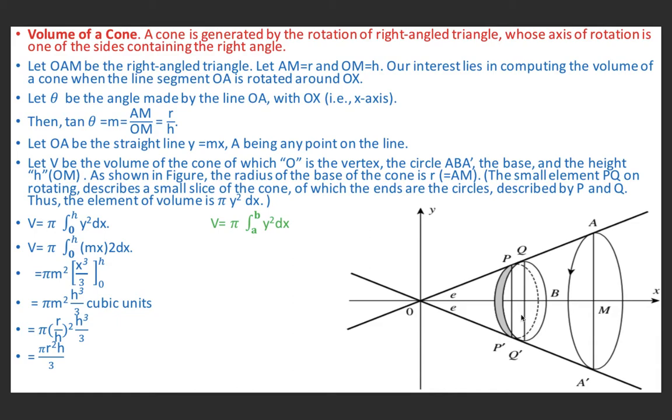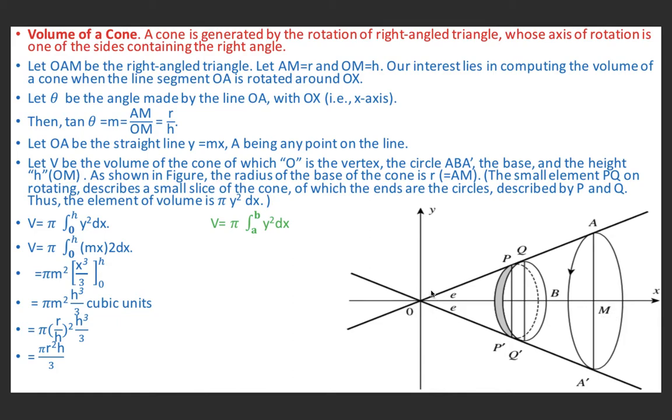So therefore the volume of the cone is nothing but, if you integrate y square with respect to x, pi is outside the bracket, we are using this formula between the limits 0 to h. Here it is 0, here it is h, because we have taken OM to be h.